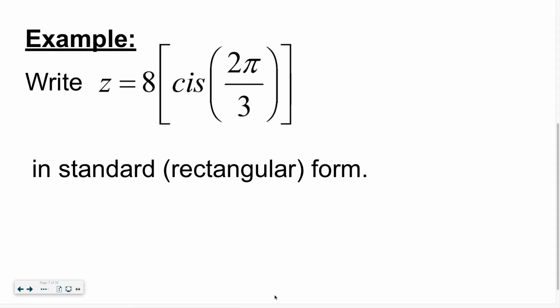And give me answers in exact values, no decimals again, please. You know how it is.